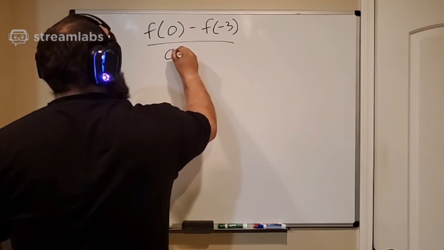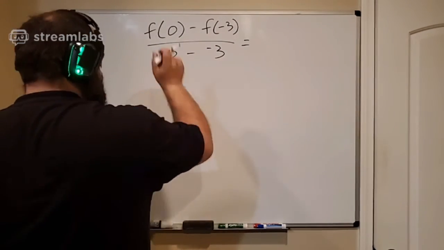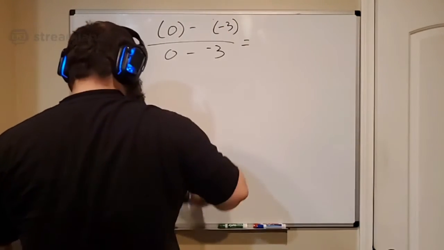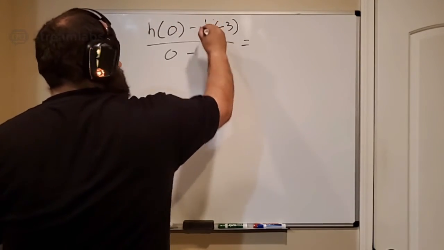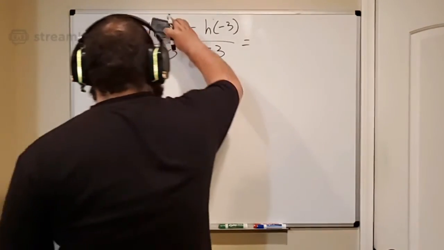Or sorry, h, not f. And I'm assuming they gave us those somehow. Oh no, it was f. That's okay. So, somebody tell me what is f of 0?